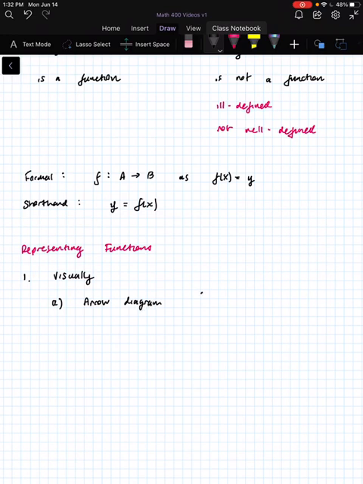So we imagine these two sets, A and B. They're sets of numbers. And f is an arrow that points from A to B. So we take some element in A, and what f does is it assigns it some element in B, like that.